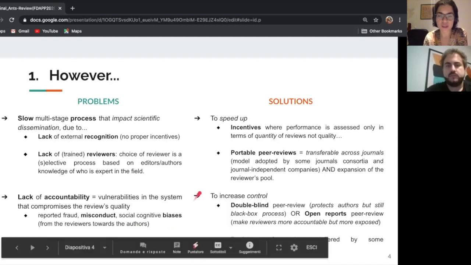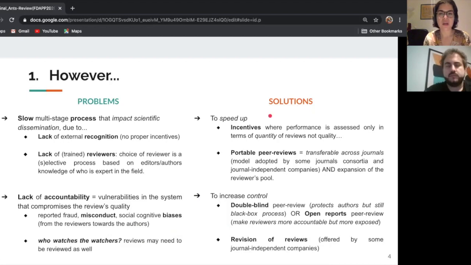Some solutions have been proposed to speed up the process and improve it. But so far, for example, in terms of incentives that have been introduced by scientific journals, only the performance is assessed, and only in terms of the quantity of the reviews that are made and not the quality.